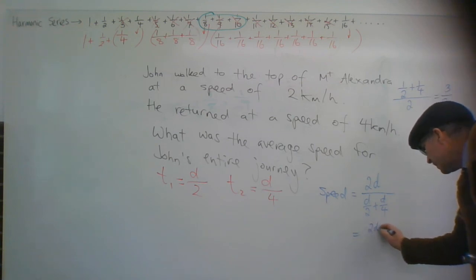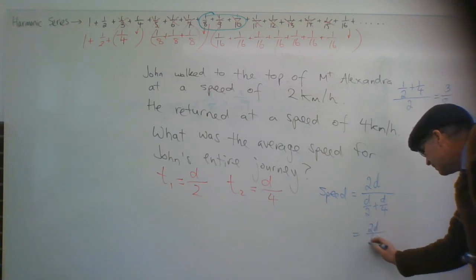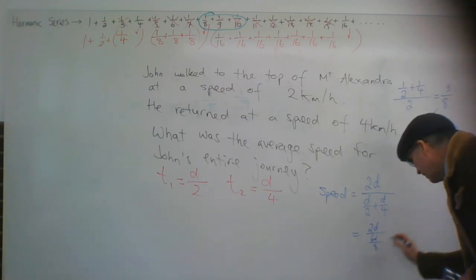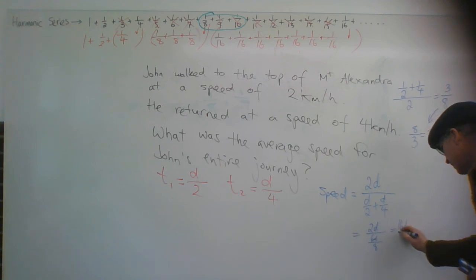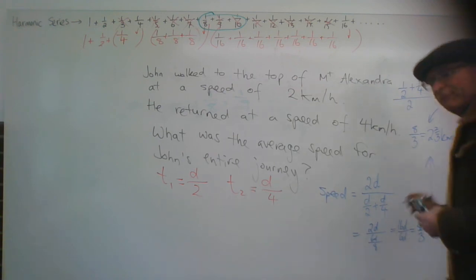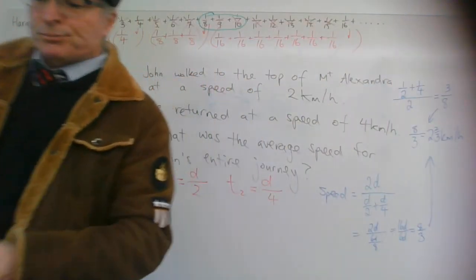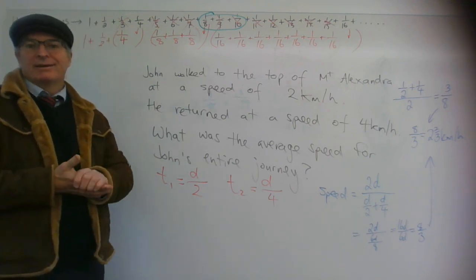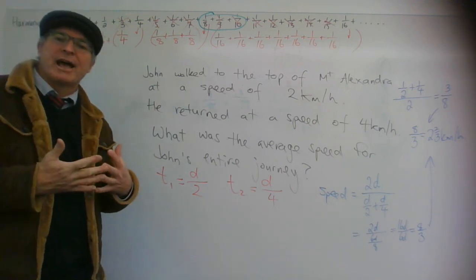So it's 2d on 6d on 8. And when we simplify that, we get 16d on 6d, which is just 8 on 3, which we've already got before. So you can work it out the long way, but the harmonic mean is quite useful for averaging out rates.